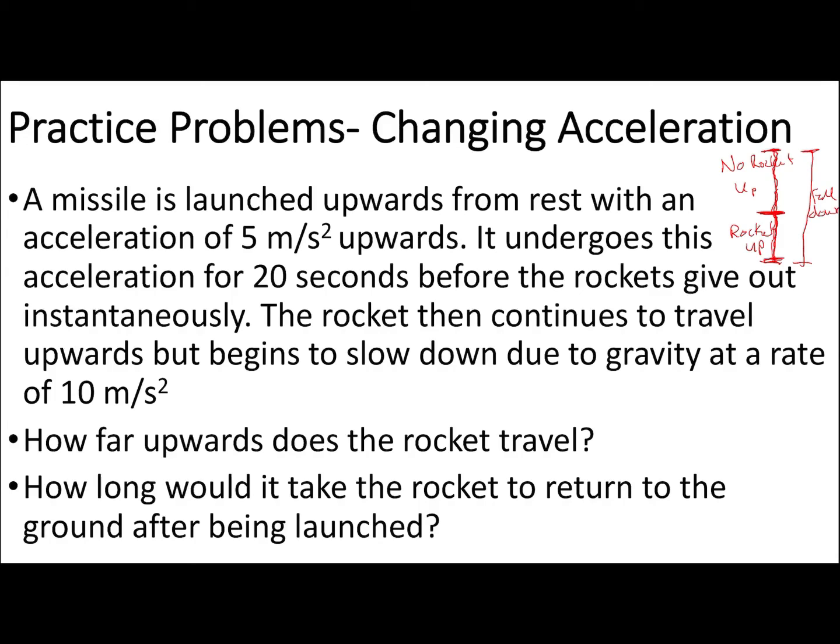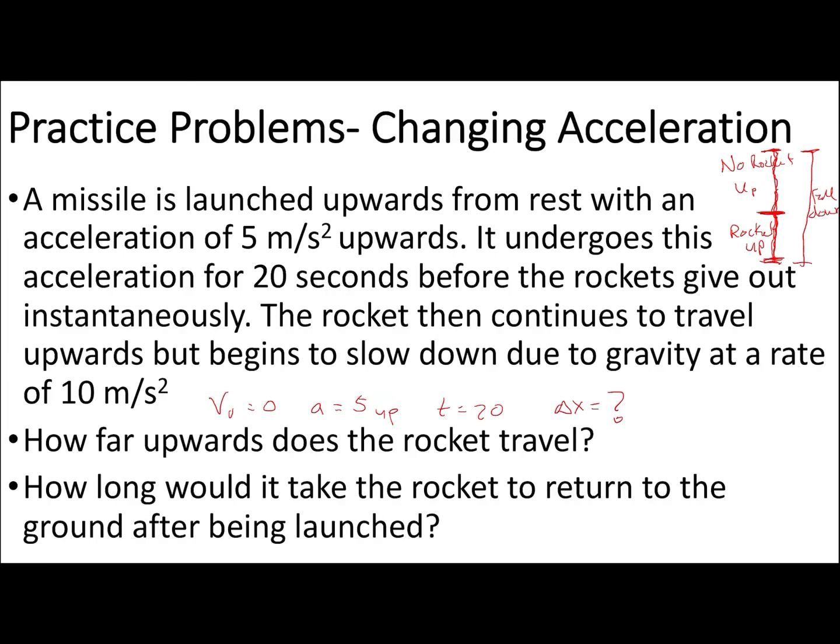So how far upward does this rocket travel? Well, we have two distinct parts of motion, right? So we know during this first part of motion, what equation makes most sense? We know our initial velocity is 0. We start at rest. We know that the acceleration is 5 up. And we know that t is 20 seconds, and I want to figure out how far upwards I go.